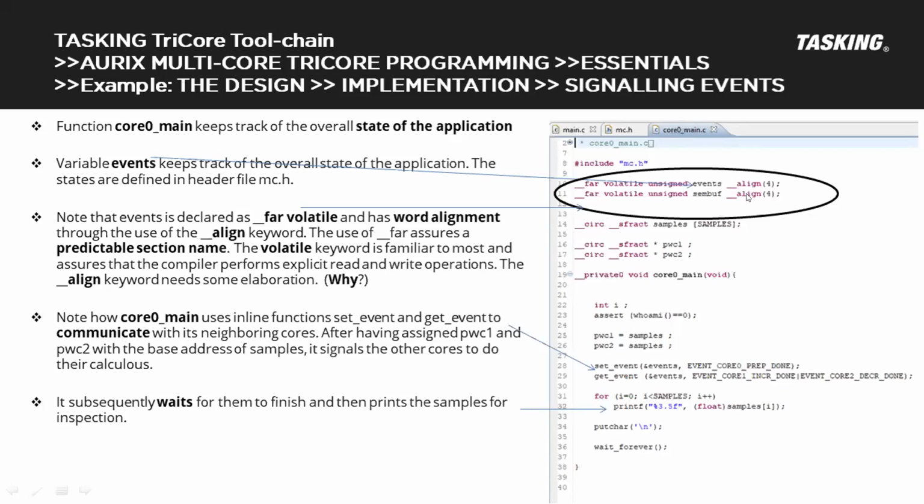Inside this code snippet, I define something called events. I define it as a volatile unsigned variable, and I assign a certain alignment to it, on 4-byte alignment. Why all this information for this data object?